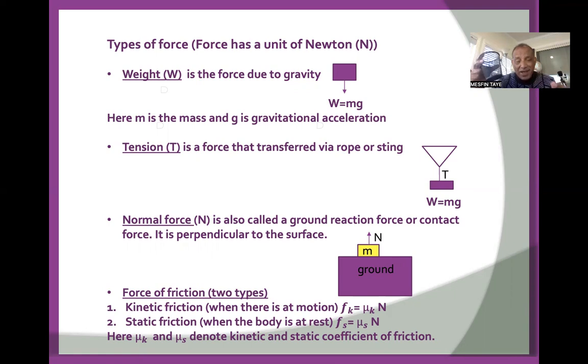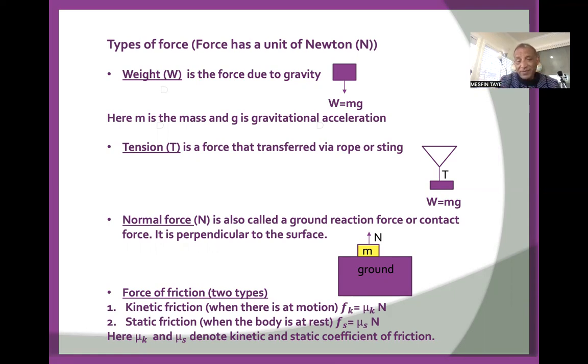That weight is just the mass of the object times gravity, and the weight is always downward. Be careful: force is a vector quantity. It has direction and magnitude. When you put an object like that, it has a weight. The weight is downward and is given by mass times gravity, where m is the mass and g is gravity.